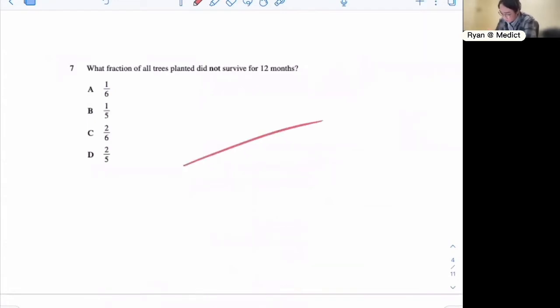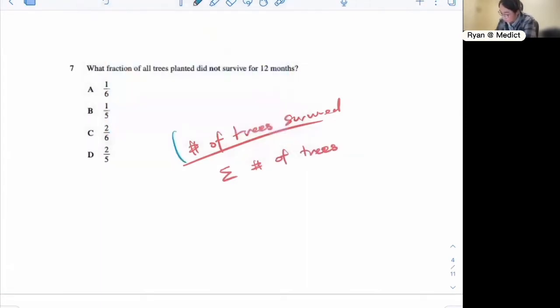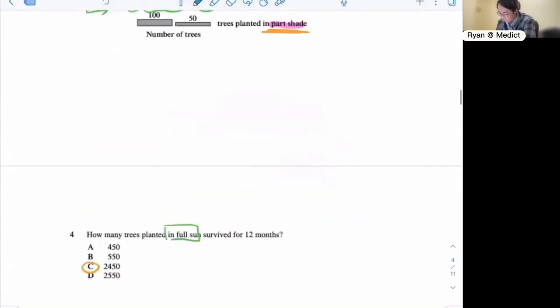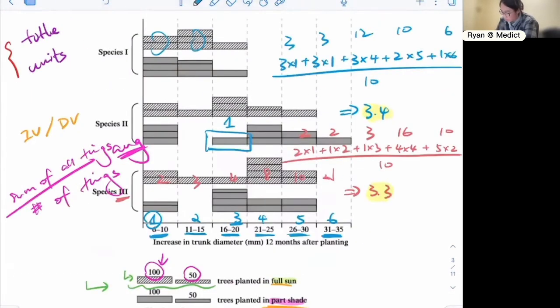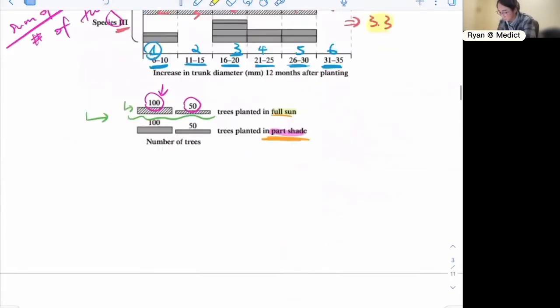A fraction requires the number of trees survived divided by the total number of trees, right? We know just by referring to the graph that we can find the number of trees survived just by adding up those rectangles. But the question becomes, how do we find the sum of all the trees? So the total number of trees.